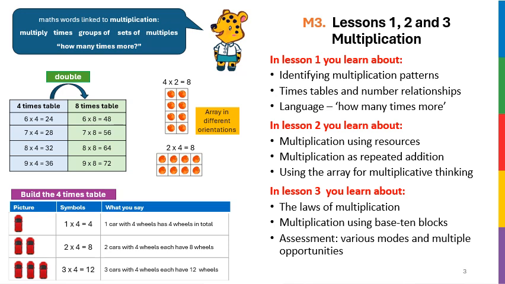For the next line, I get 2 pictures of the same car, and I write 2 times 4 while I say that 2 cars with 4 wheels each have 8 wheels in total.